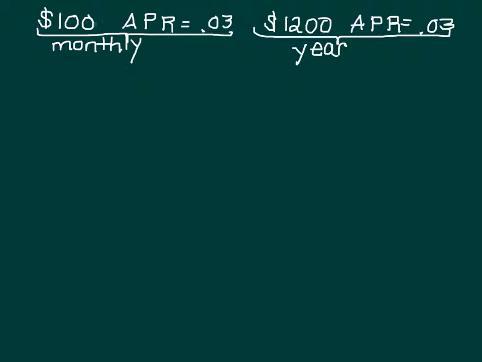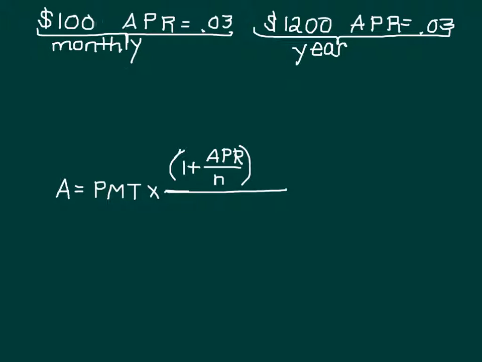So for this problem, we're going to use the same formula, where the amount of money for each individual is equal to the payment that this person makes times the ratio with 1 plus the APR divided by n, raised to the n times y, minus 1, over the APR divided by n.